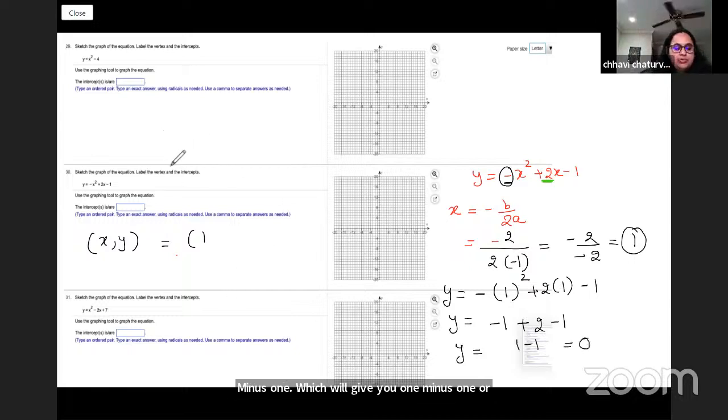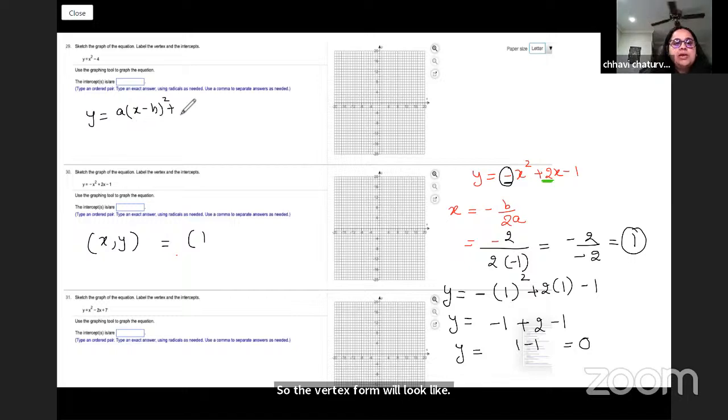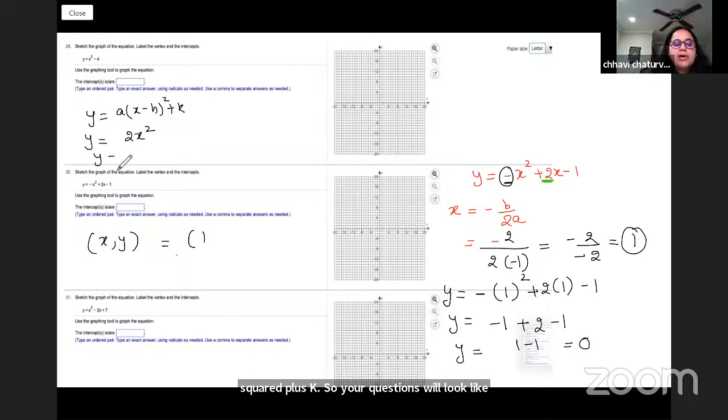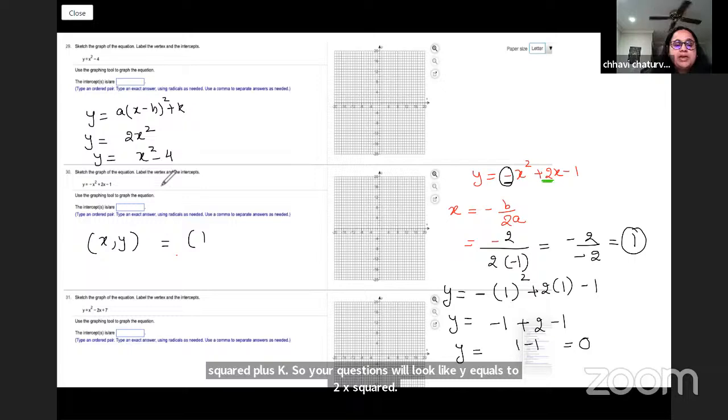So how do you know which formula to use for a specific graphing question? You have to compare it with the forms. The vertex form will look like a times x minus h squared plus k. So your questions will look like y equals 2x squared or y equals x squared minus 4.